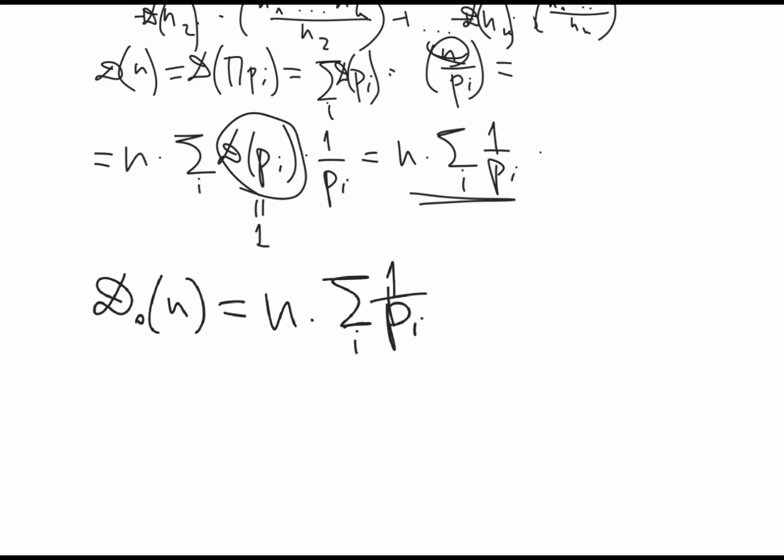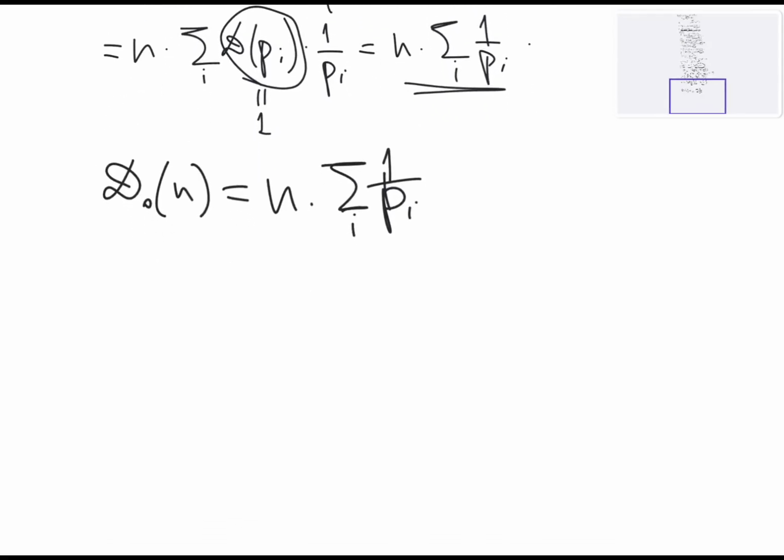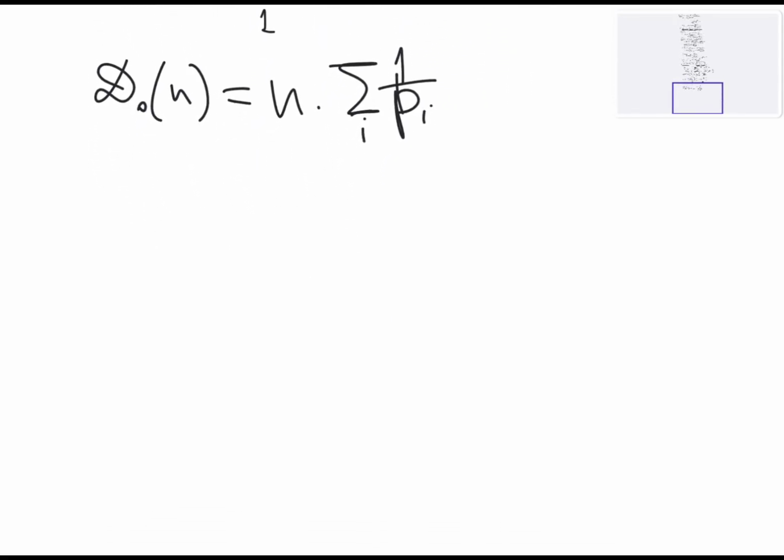And now we need to prove that d0 of n is equal to d of n. For that we just need to establish that this d0 satisfies both of these rules.